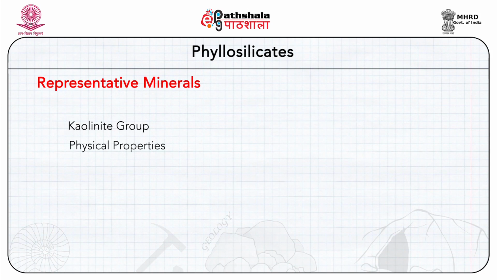Now we will list the physical properties. Usually kaolinite group minerals are white to tan colored, but may be variously colored due to presence of impurities. Rarely they occur as crystals, thin, platy or stacked to 2 millimeters.